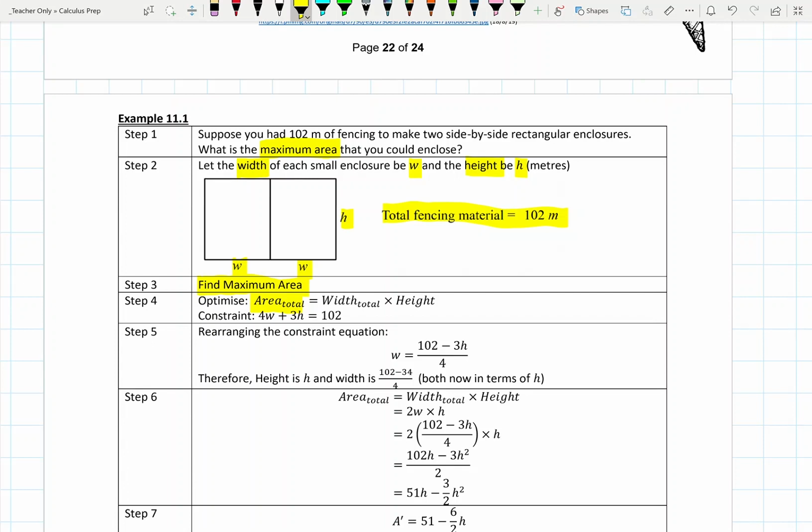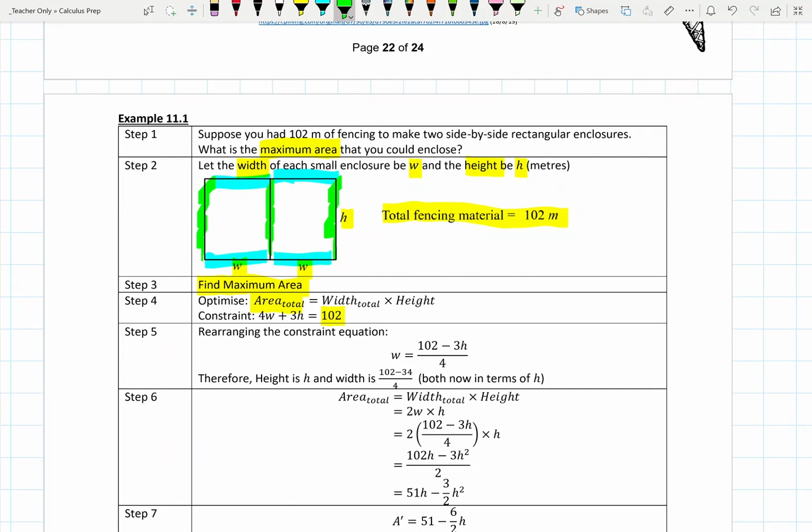So start with that. We also have this constraint equation that we've only got 102 meters of material, and that has to make up 4 widths and 3 heights. 1, 2, 3, 4 widths and 1, 2, 3 heights. So write out your constraint equation in its most basic form.